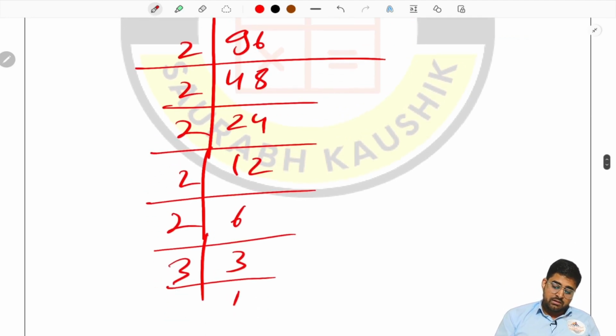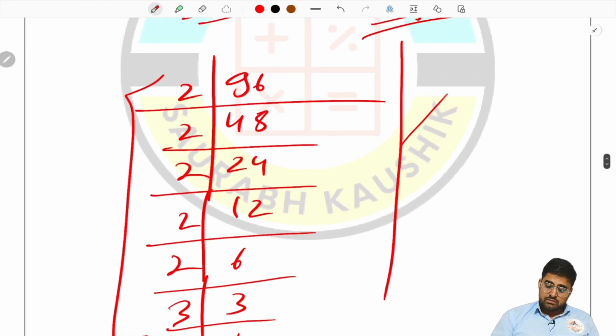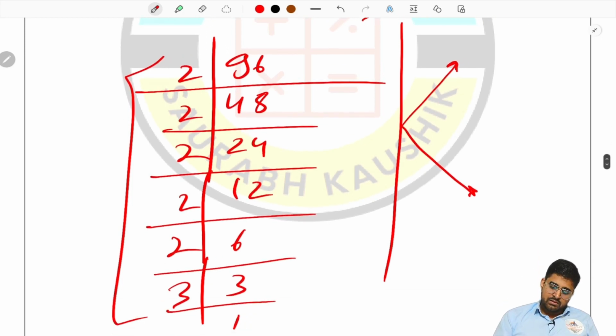There are two ways you can solve this. One, make combinations. The first number possible is 2 itself, then 4, then 8, then 16, then 32, then 64.